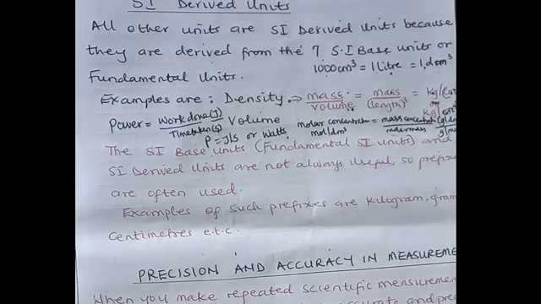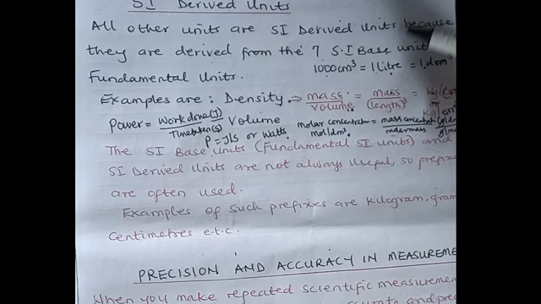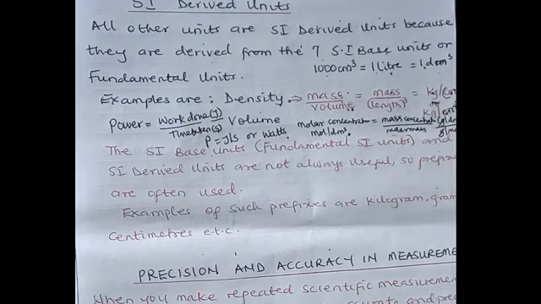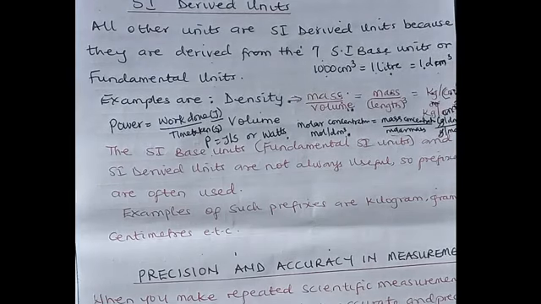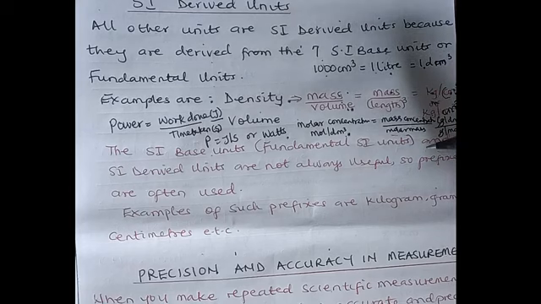Now, if you cancel gram and gram, what we have here is mole per dm cube. You can see the reason why molar concentration is mole per dm cube, and is also a derived unit. Now, the SI base units and derived units are not always useful, so some prefixes have been coined. You will see things like kilogram, grams, centimeters, Newton, watts. These are the commonly used units nowadays.